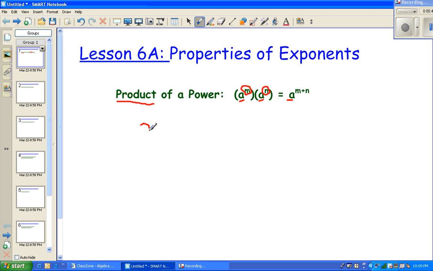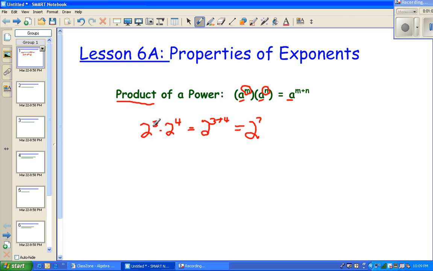So if I said 2 cubed times 2 to the 4th, then that's going to be 2 to the 3 plus 4, which is equivalent to 2 to the 7th power. And you can use a calculator to simplify that more.